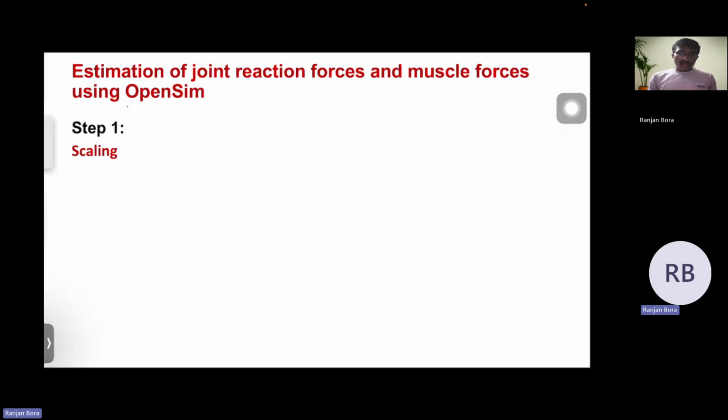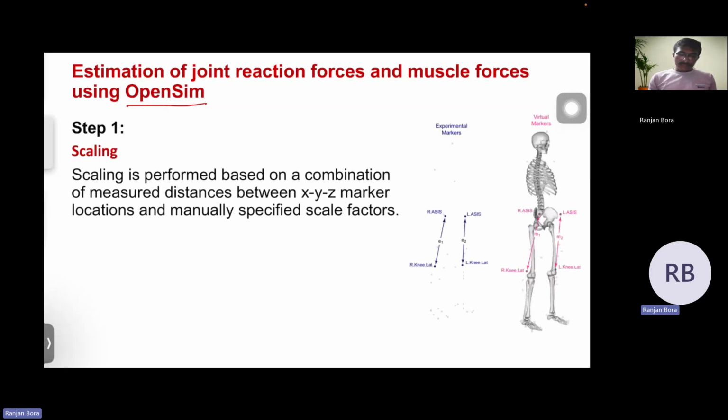So using the anthropometric data, we do the scaling, which is the first step. In the scaling, it is performed based on a combination of measured distances between XYZ marker locations and manually specified scale factors. So here we measure distance between these markers, which are placed on some bone landmarks, as you can see from this musculoskeletal model. These dots represent the markers. So these are the virtual markers.